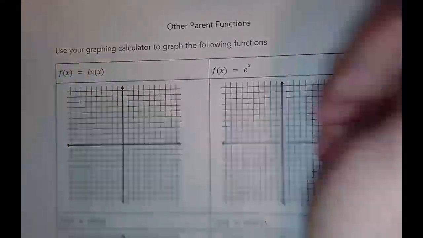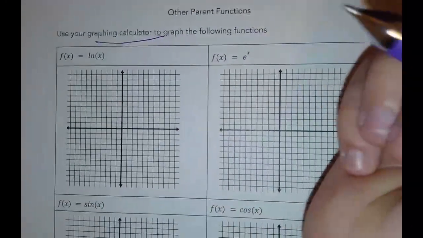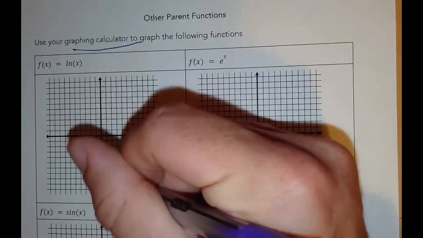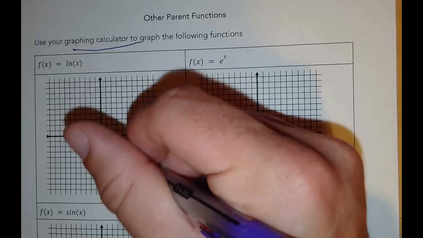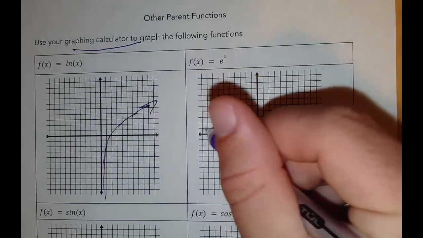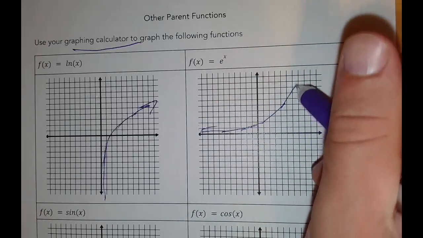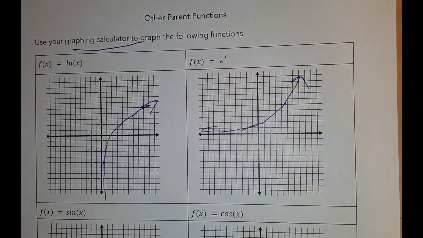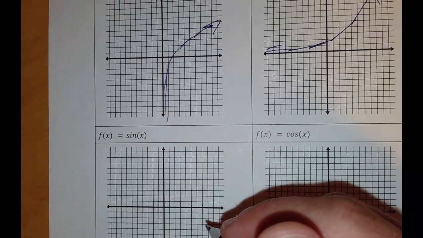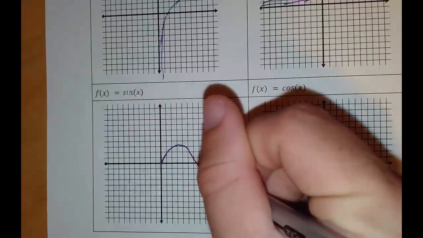The next 4, you can use your graphing calculator for. We have ln x, which should look something like this. We have e to the x, which is going to look like this. We have sine x, which will start at 0 and look something like this.